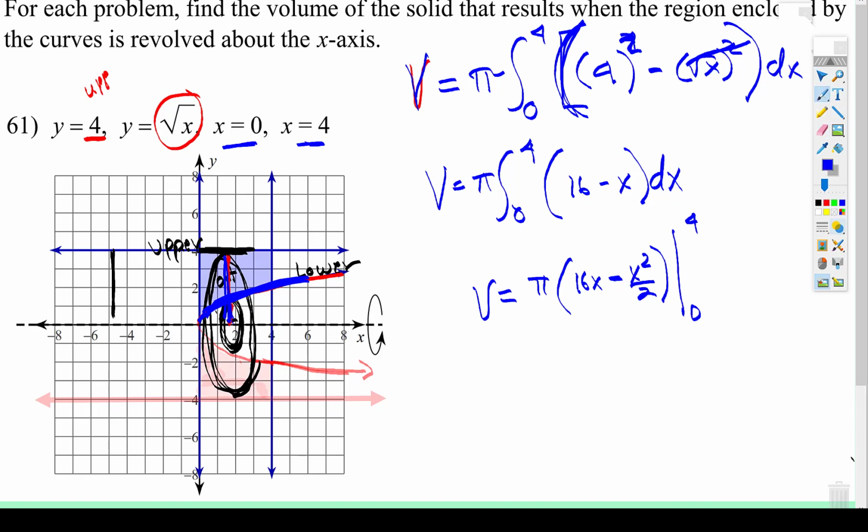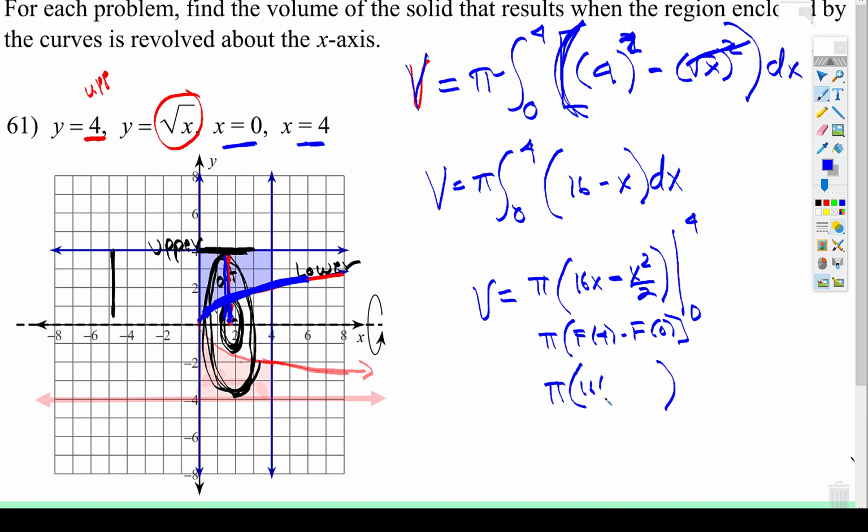All right, so now we're going to do pi times f of 4 subtract f of 0. And f of 0 is great because you put 0 into either of those x's, we're going to get 0, so that's not going to cause us any problem. So essentially, it's just pi times f of 4.